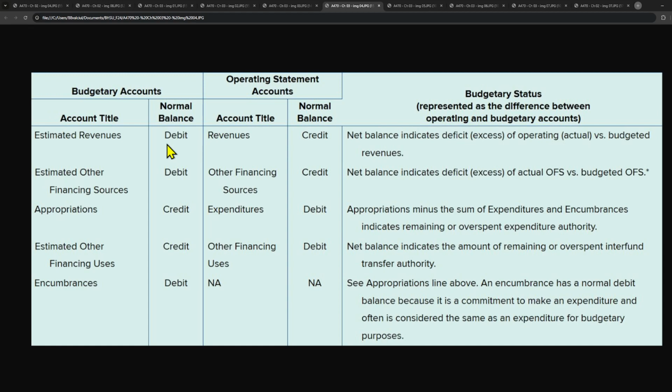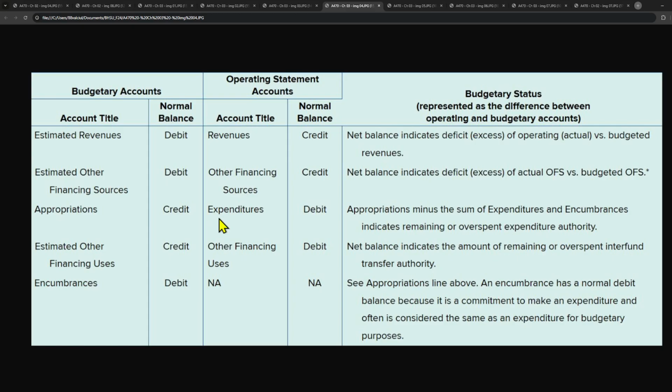And obviously, once we reach $1 million, that means that the account will have zeroed out, meaning we would have reached our goal. And then anything over that on the credit side, it means that we have overachieved, or we received more revenues than our estimate. And same with appropriations and expenditures.